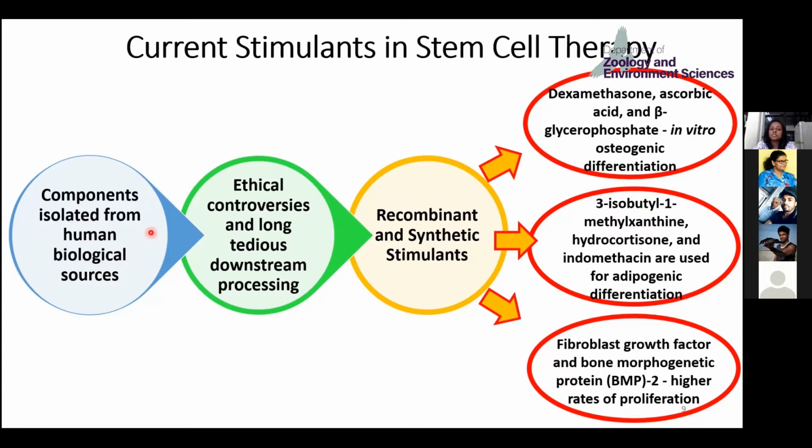Then, because of the ethical controversies and long, tedious downstream processing, the scientists and the clinicians moved towards recombinant and synthetic stimulants. These are a few cocktails or examples of synthetic and recombinant stimulants which are currently used in osteogenic differentiation, cartilage differentiation, and also for proliferation, to increase the number of stem cells.